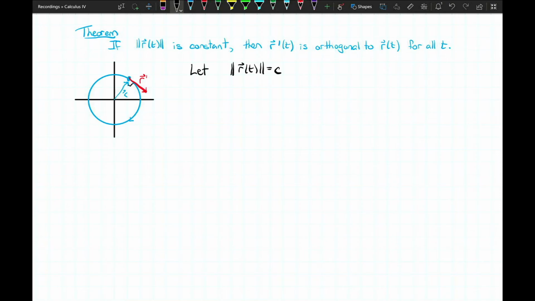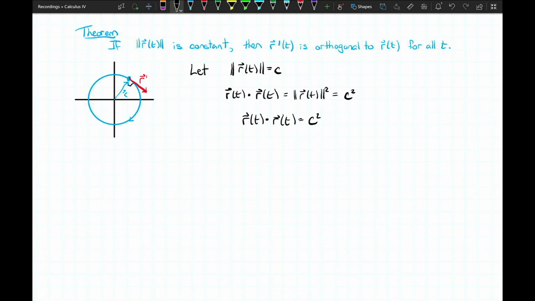So we do know that r of t dot r of t is equal to the norm of r of t squared. So that should be equal to c squared. So r dot r is c squared, knowing that we've assumed that r of t has a constant magnitude of c.